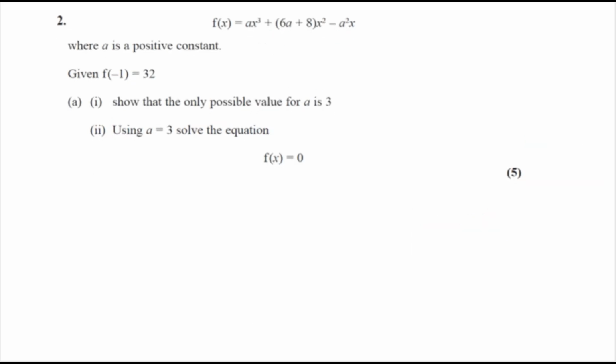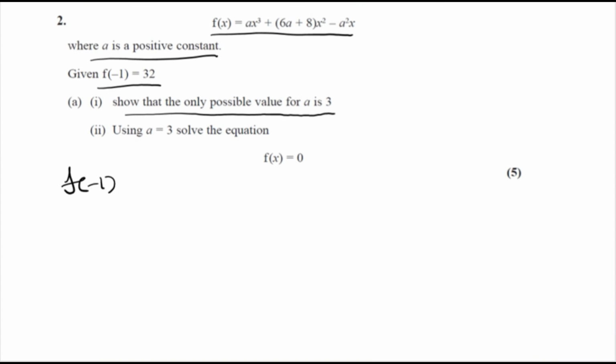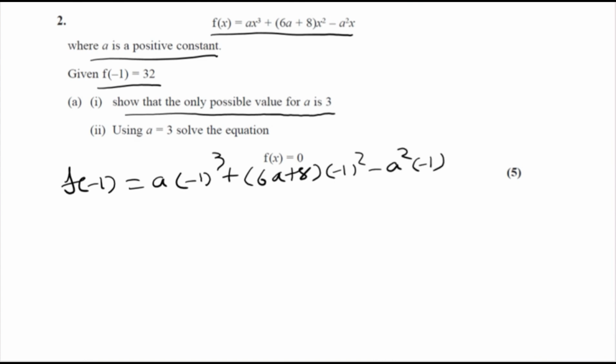Next question is, one function is given, f of x is equal to a x cubed plus (6a plus 8) x squared minus a squared x, where a is a positive constant and f of minus 1 is equal to 32. First part, show that the only possible value for a is 3. So this is substitution. So we have to substitute minus 1 wherever x is there. So a into minus 1 cubed plus (6a plus 8) into minus 1 squared minus a squared into minus 1.